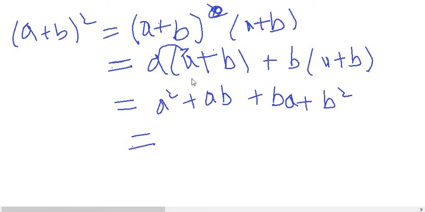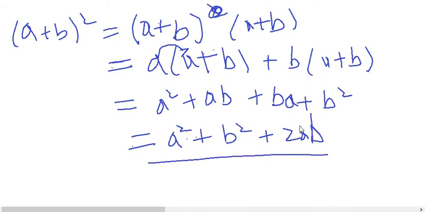So this will be a square plus b square plus 2ab. This is a general formula for calculating the square of a plus b, and you should remember this for faster calculation.